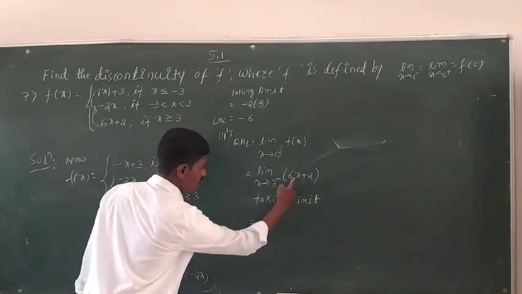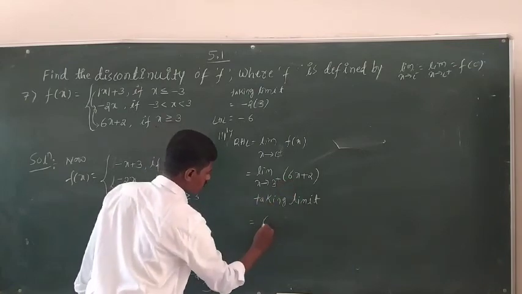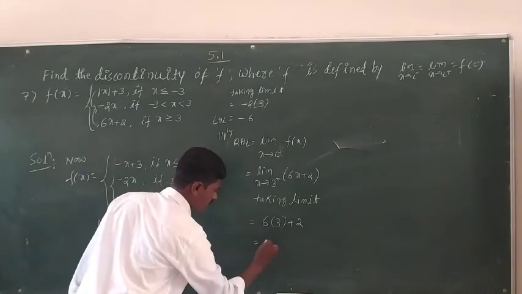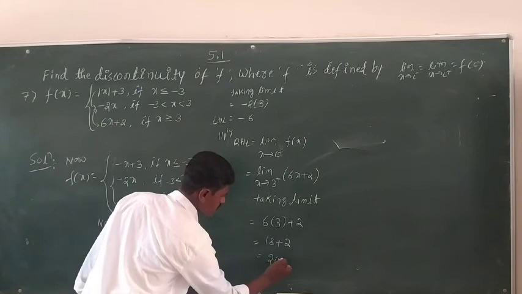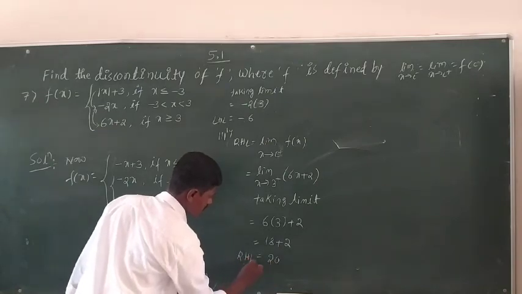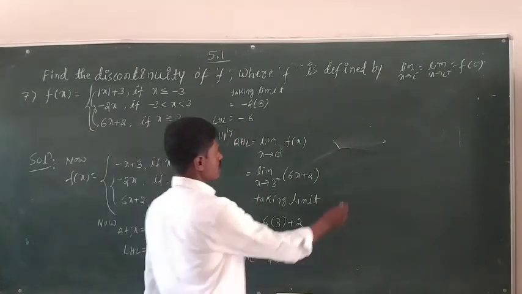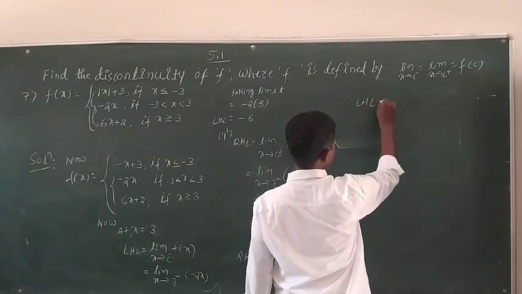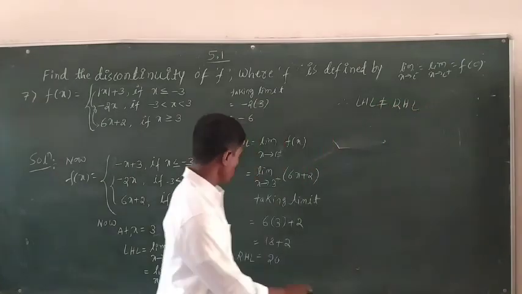Put x equals 3: 6 threes are 18, plus 2, equals 20. This is the RHL. So observe the LHL and RHL: LHL is not equal to RHL.